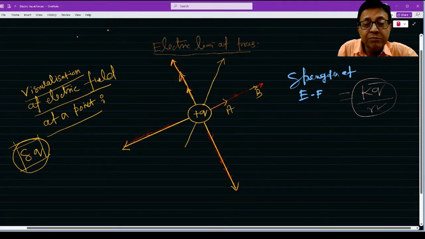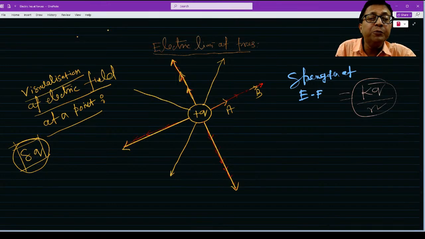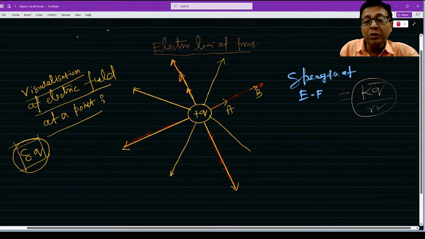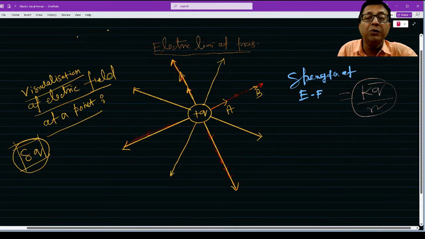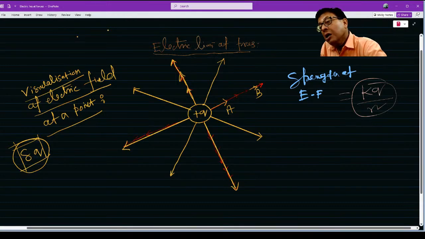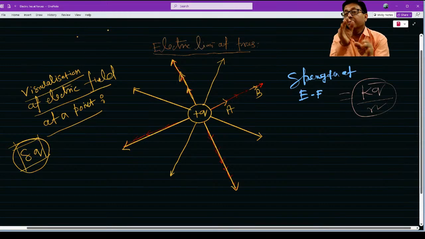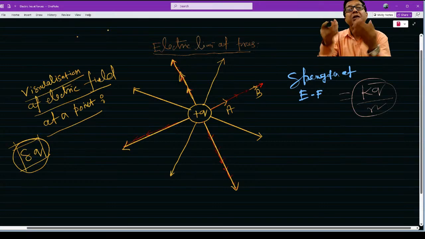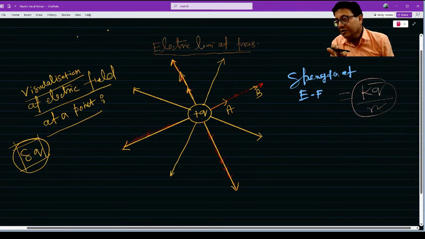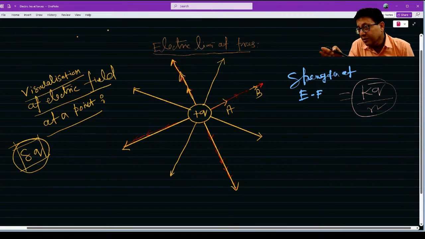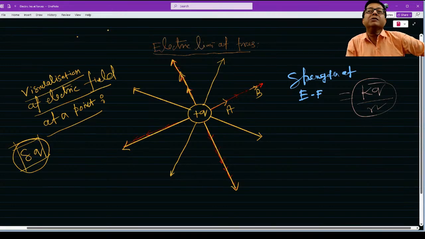How many? Is there any limitation of drawing these lines of forces? Of course. We cannot draw many lines of forces for a small amount of charge. How many lines of forces we draw depends on the magnitude of charge. If the magnitude of charge is large, then we plot a large number of lines of forces.